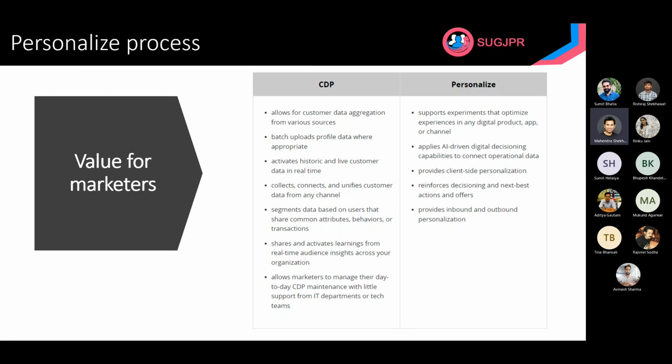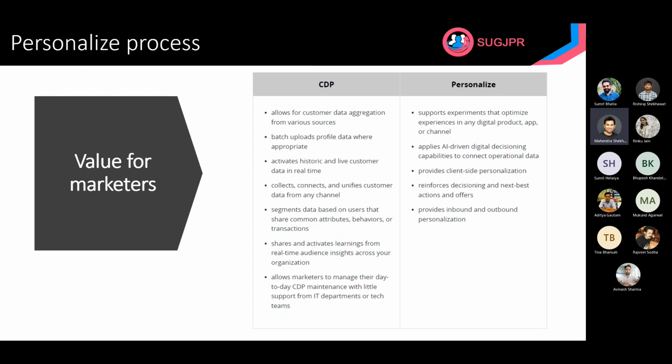It applies AI-driven digital decision capability to connect operational data. It could use machine learning or any artificial intelligence driven decision capability. You can create your own AI-driven decision capability. You can use any other available third-party media.